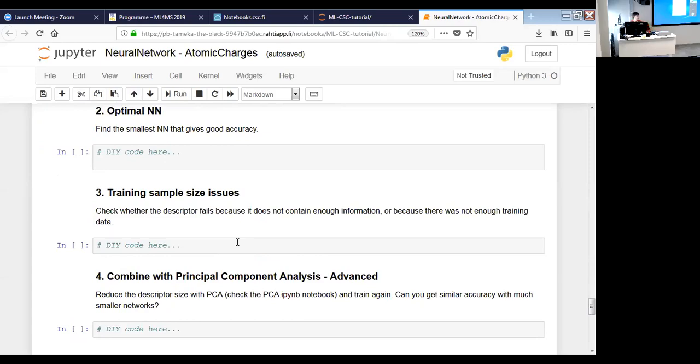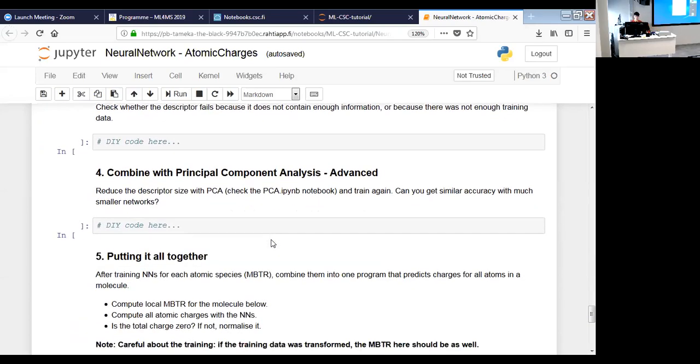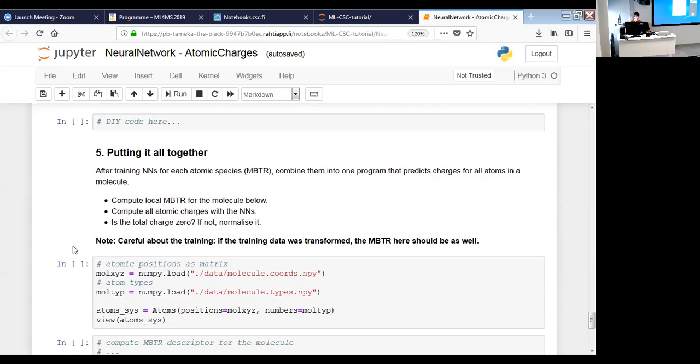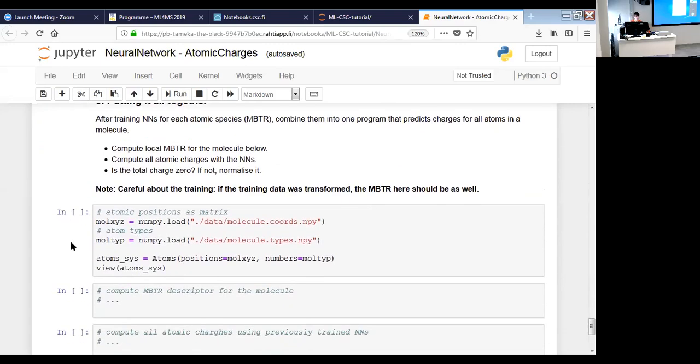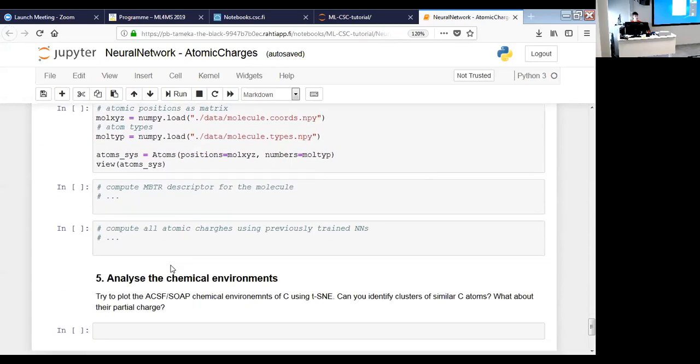Again, combine it with principal component analysis or t-SNE. Or you can put it all together and try on a new molecule and see. This will be combining all your knowledge from the other notebooks.